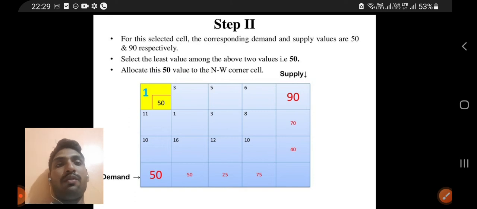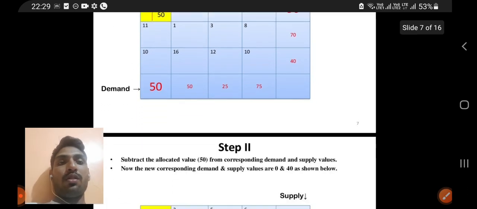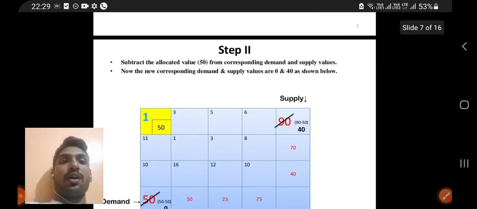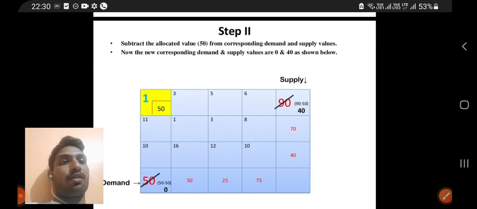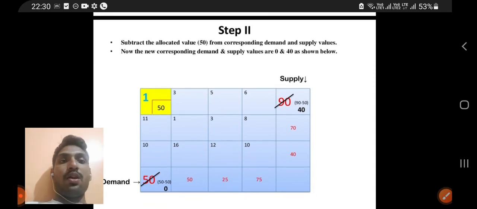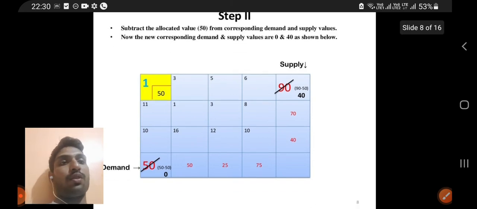Here 50 is the lesser value, so we allocate 50 in the northwest corner of the table. Then we subtract the allocated value 50 from the corresponding demand and supply. So 90 minus 50 is 40, and 50 minus 50 is 0. The new corresponding demand and supply values are 0 and 40, as shown on our slide.